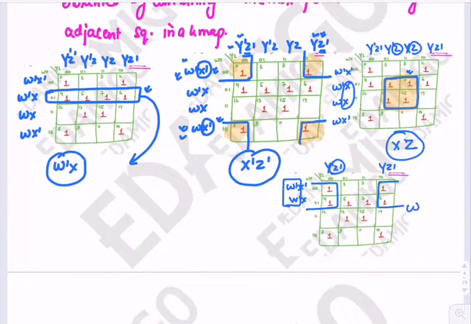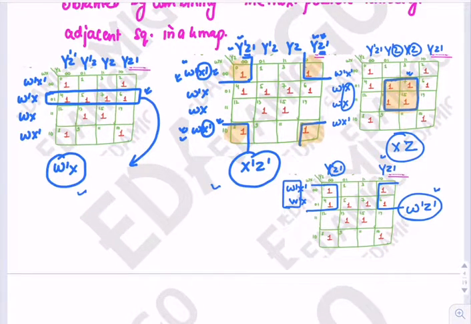So the prime implicant here is w bar z bar. This is the fourth prime implicant. So there are only four ways in which these ones can be combined together, so there are only four prime implicants available.